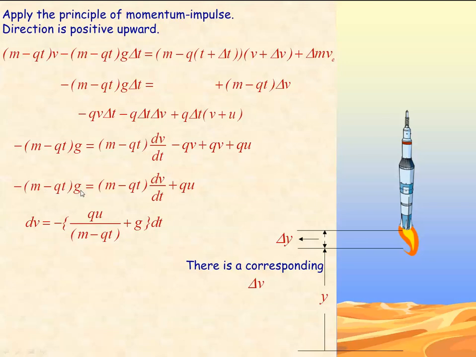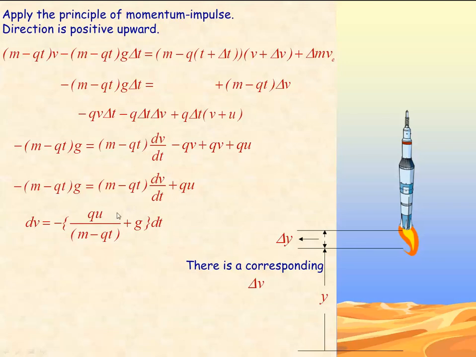And we're dividing through by this right here, so we've got a qu divided by m minus qt now, okay? So this goes away right there, that goes away, and then the qu is over m minus qt. Right there it is. We take it to the other side of the equation, it becomes a minus there because it was a plus on this side, and we're left with just dv, bring the dt over with us.